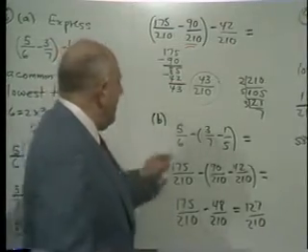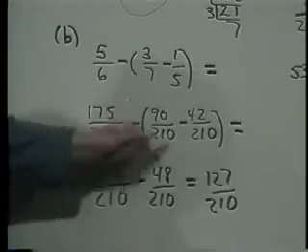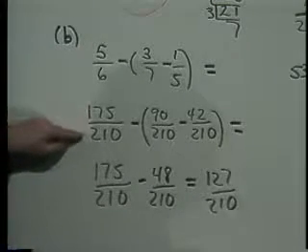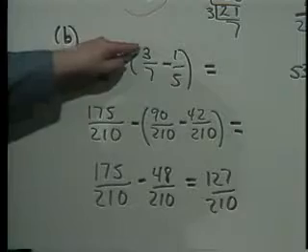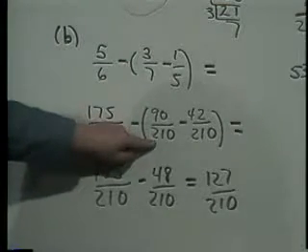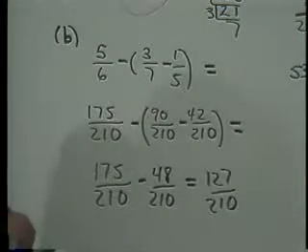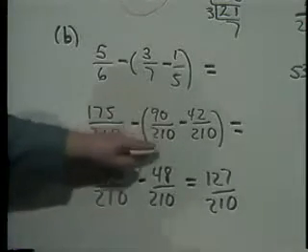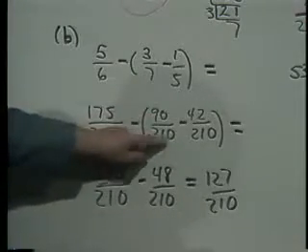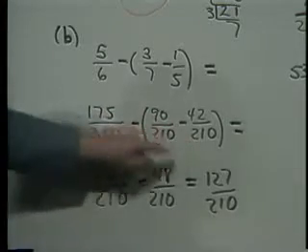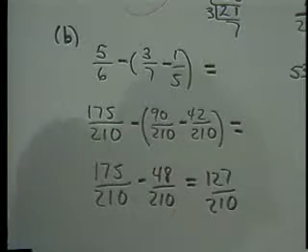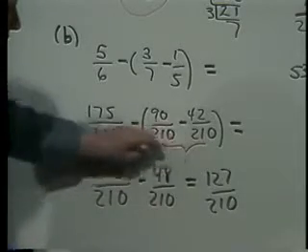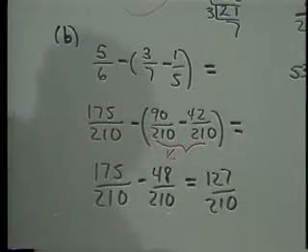Now, part B is exactly the same problem, only we've switched the parentheses. I still replace 5/6 by 175 over 210. I still replace 3/7 by 90 over 210. And I still replace 1/5 by 42 over 210. The only difference now is that inside the parentheses is 90 over 210 minus 42 over 210. 90 of something minus 42 of something is 48 of that same something, so this gets replaced by 48 over 210.